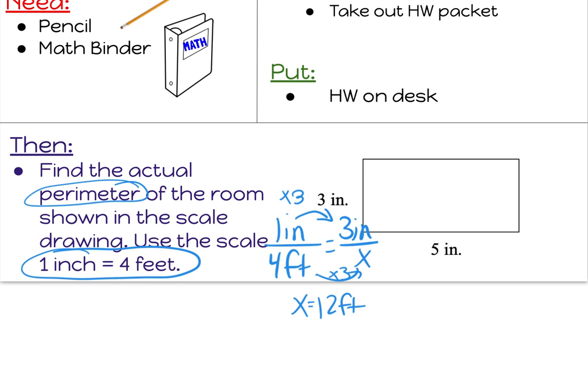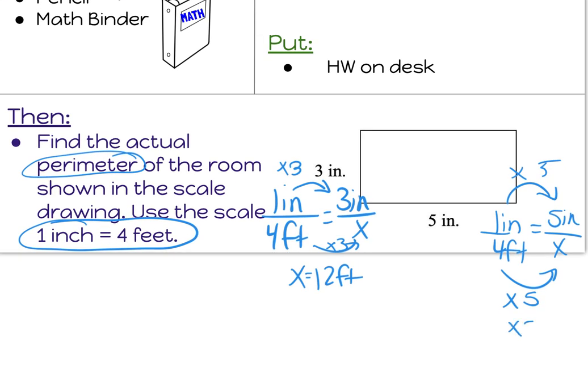For the 5-inch dimension, we again know that 1 inch is 4 feet in our scale, so 5 inches would be how many feet? 1 times 5 gets us to 5, so we take 4 times 5, which is 20 feet.